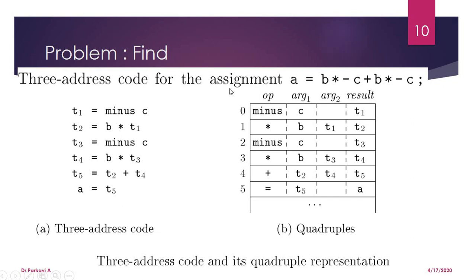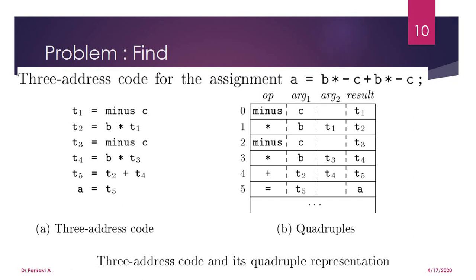Now, how do we find the 3-address code for the assignment a equal to b star minus c plus b star minus c? Minus c is a unary operation here. So first we need to generate the 3-address code. The unary operation is carried out first, t1 equal to minus c.